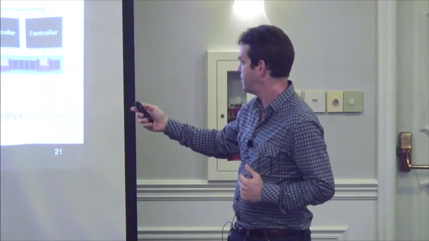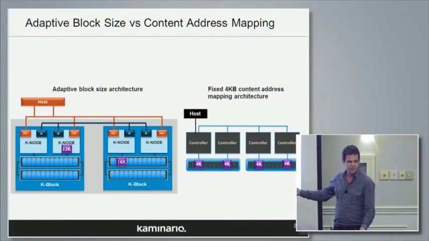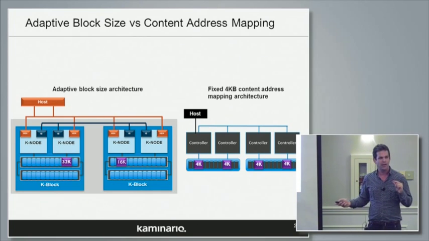So if I do a 16K write, yes, you're going to calculate hashes on 4K boundaries and eliminate duplicates on 4K boundaries. But if it's 16K of unique data, you're going to do a 16K write. Yes. Actually, more than this, let's take the example of the 32K. If it's unique, we will store the 32K in one location.